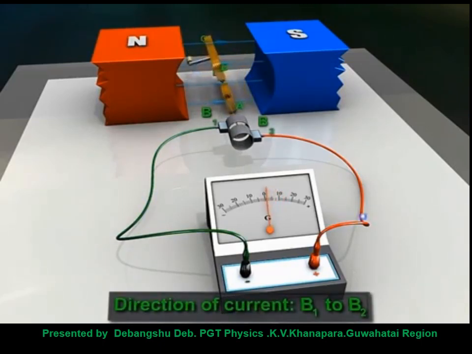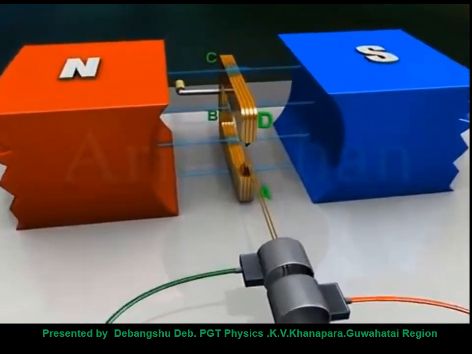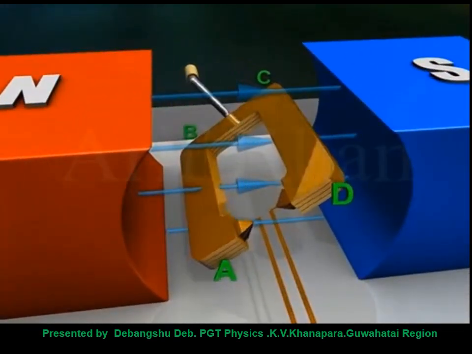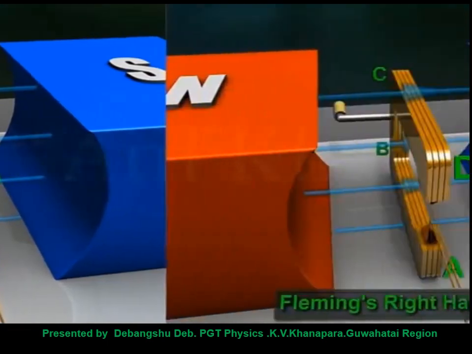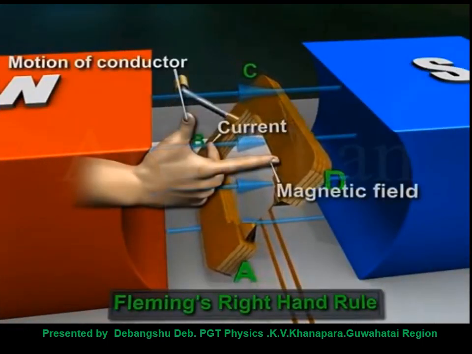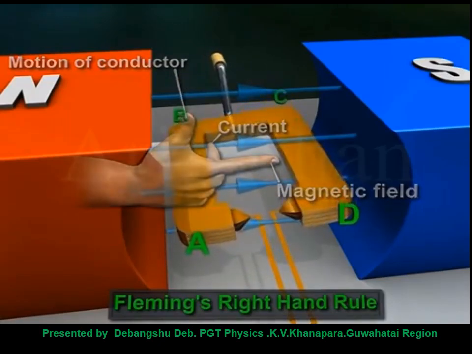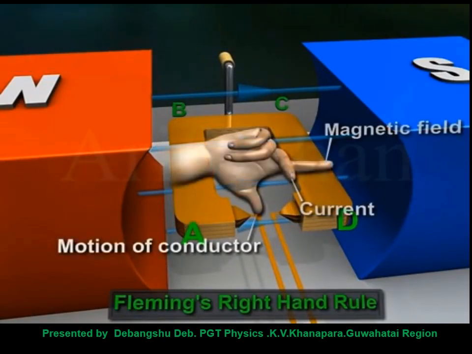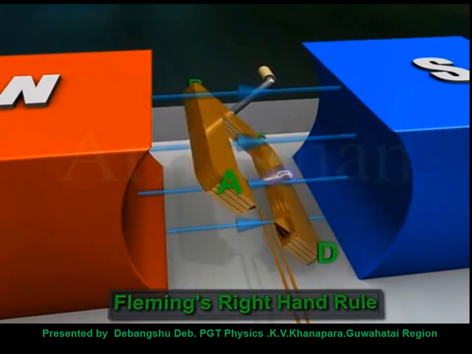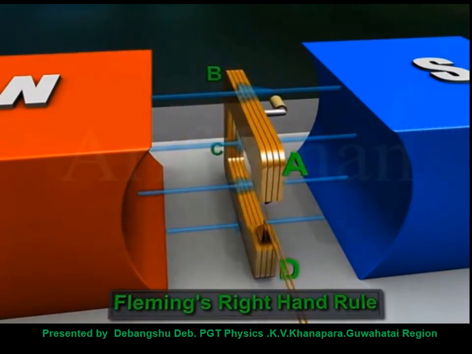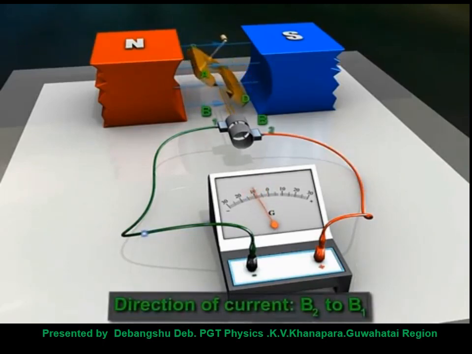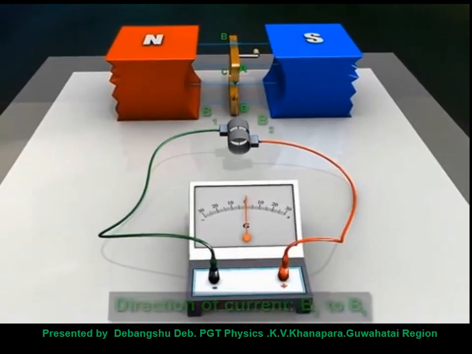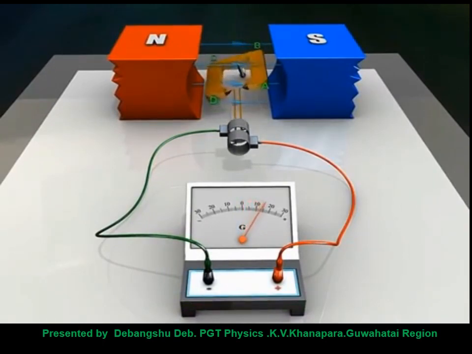So that is collected like this. Now CD will go down in the next half cycle, and AB will go up. So because of that, the current will come out of CD and go into AB. So the current is in the opposite direction. I can see that once it is going from B1 to B2, and the other time it is going from B2 to B1 as it goes on rotating.